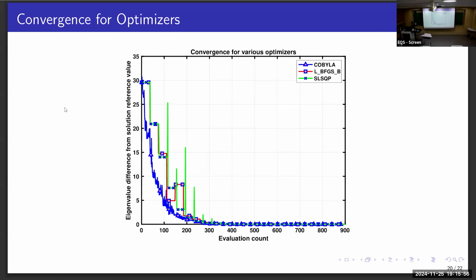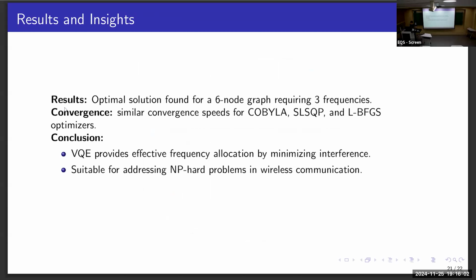Three classical optimizers had similar speeds and results. Optimal solutions found for the 6-node graph require 3 frequencies. And we conclude that VQE provides effective frequency allocation by minimizing interference. So VQE may be suitable for addressing NP-hard problems in wireless communication.